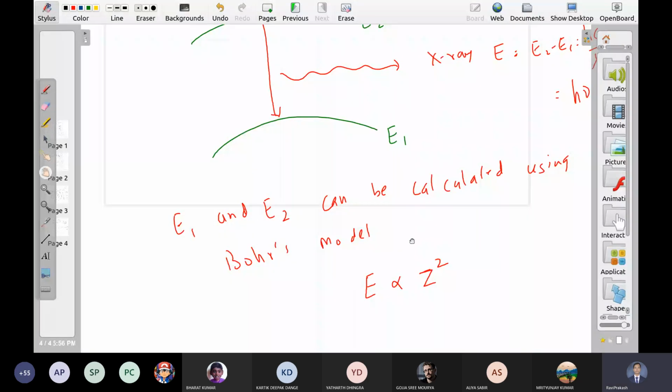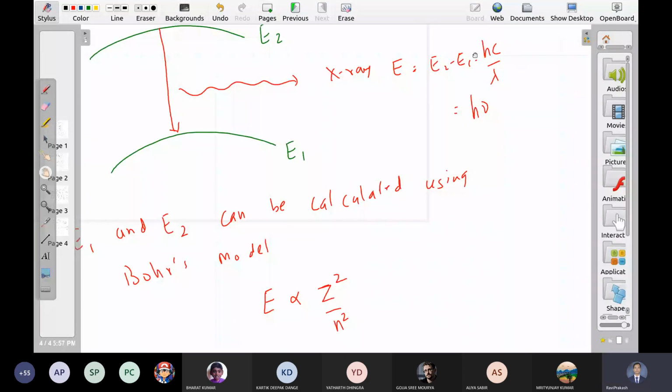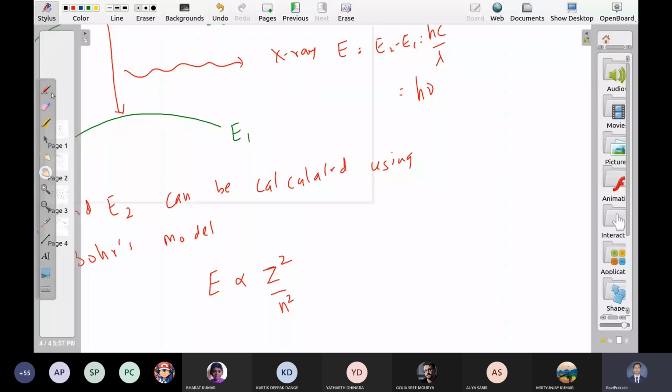Okay, or I can say this difference in energy: E1 is proportional to Z square upon N1 square, E2 is proportional to Z square upon N2 square, so E2 minus E1 is obviously proportional to Z square, or this h nu is proportional to Z square.